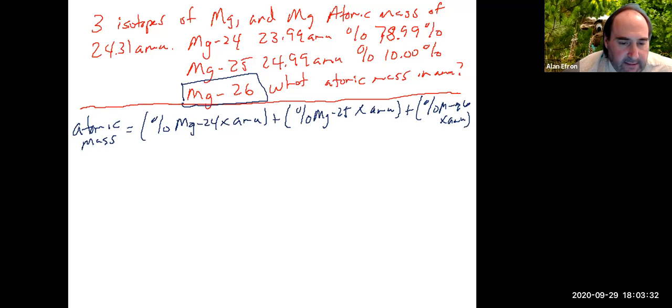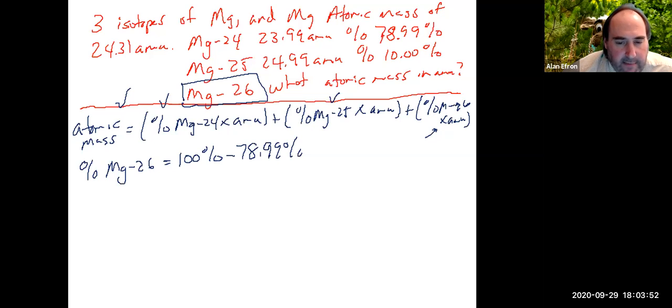We have everything here, we have everything here. We really don't have this guy, so we can find the missing percentage. The percentage of magnesium 26 will be 100% minus our first isotope, which was 78.99%, minus our second isotope, which was 10%. So doing all that, we know now that the magnesium 26 isotope is 11.01%.